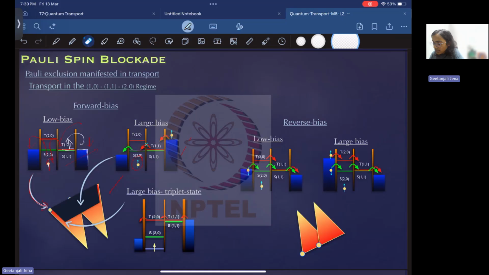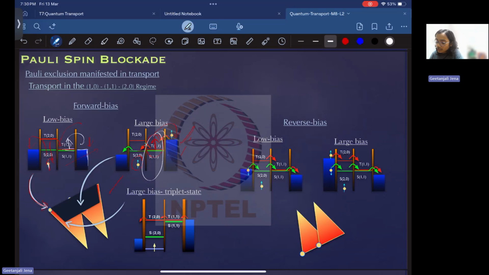But now the situation is that this spin-up state, once coupled to this first quantum dot, can't tunnel back to this side. It remains trapped in this region because the energy level for this side is greater than the energy level of the first quantum dot.